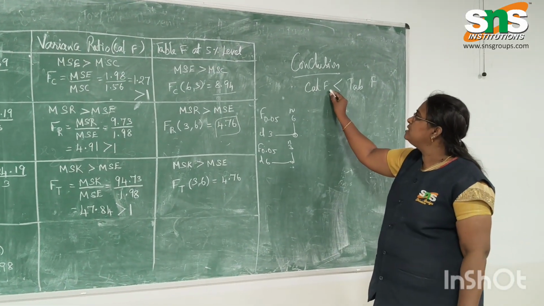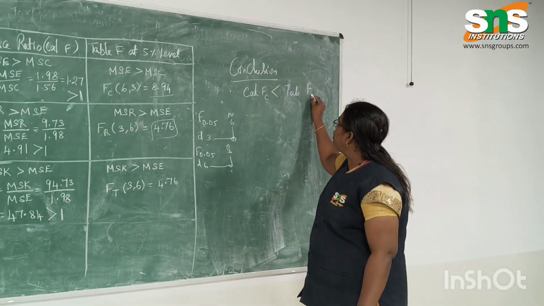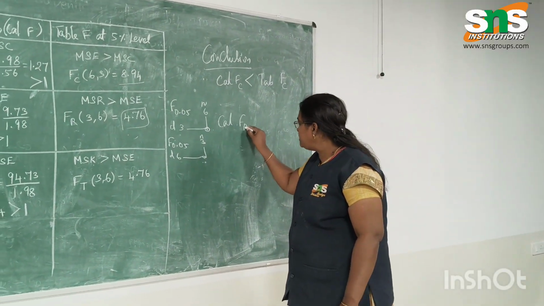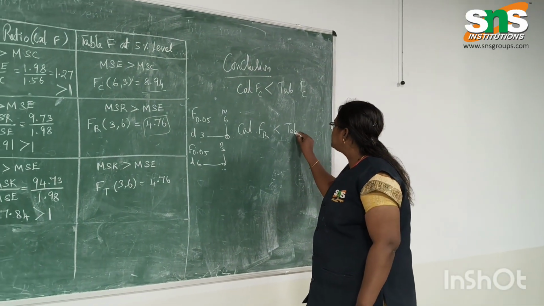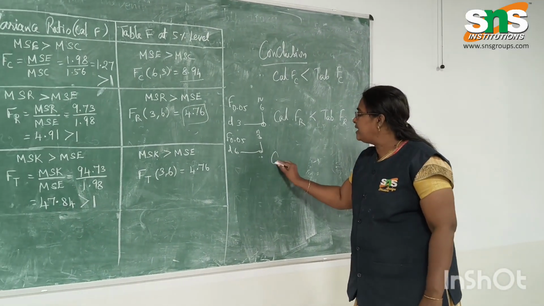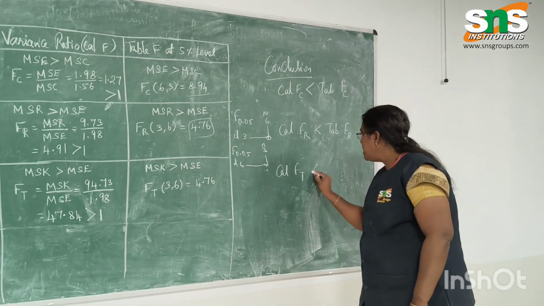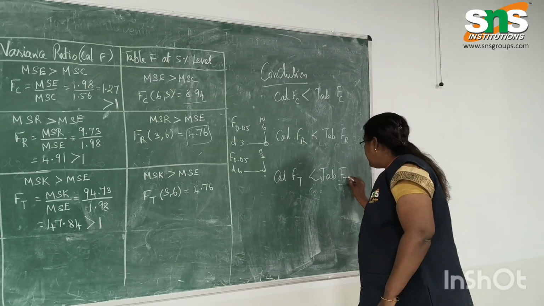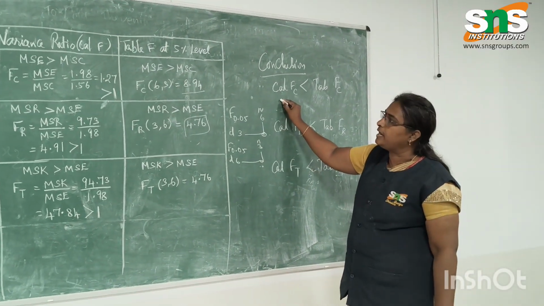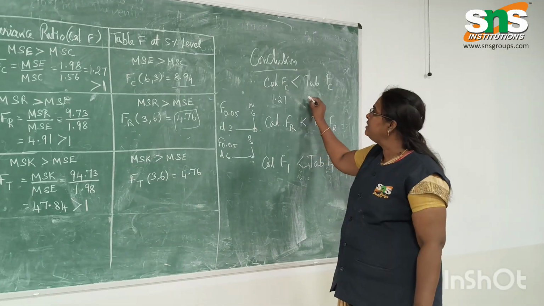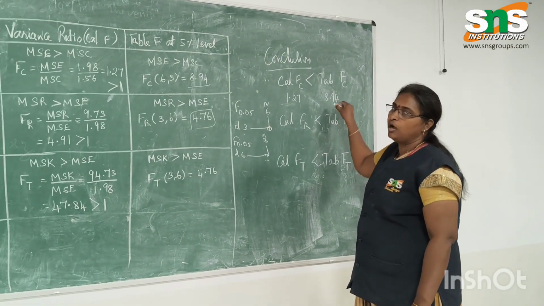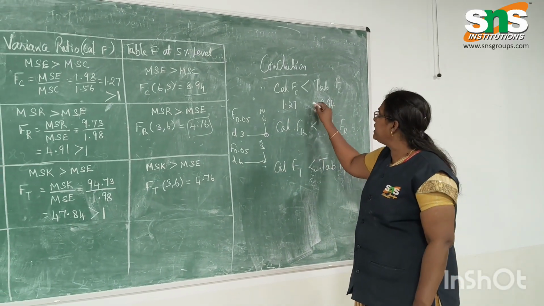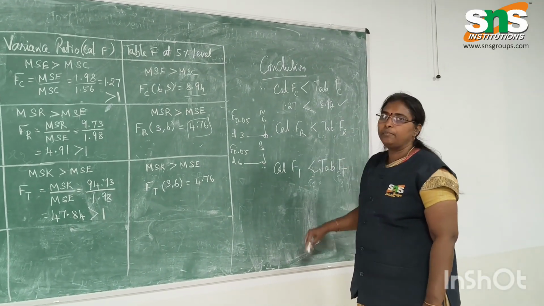We write the calculated and table values for column, row and treatment simultaneously. For the column, the calculated value is 1.27 and the table value is 8.94. For all the sums, the table value should be higher. Here the condition is satisfied, so we accept H0.